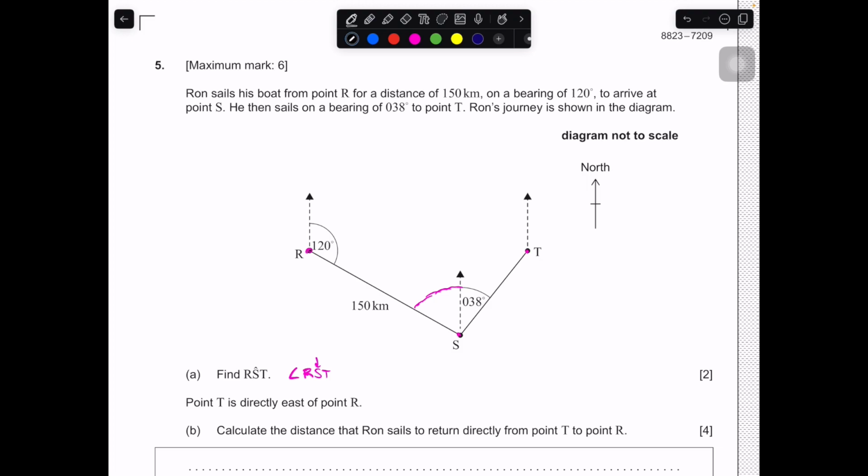Find angle RST. Here we have a situation where we're going to need to remember our angle pairs.